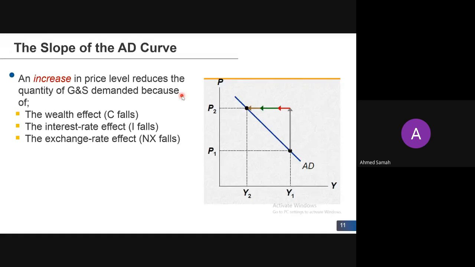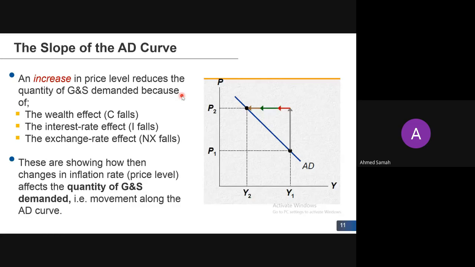So when there is an increasing price level, the total goods and services demanded in the economy will fall. So these show how changes in the inflation rate affect the quantity of goods and services demanded.